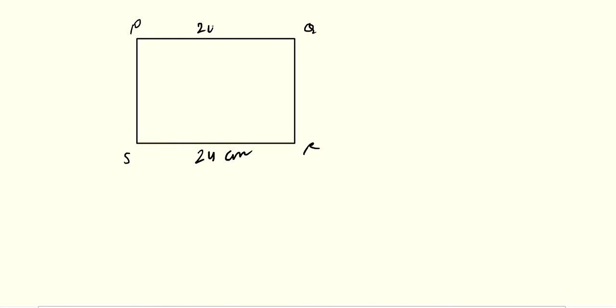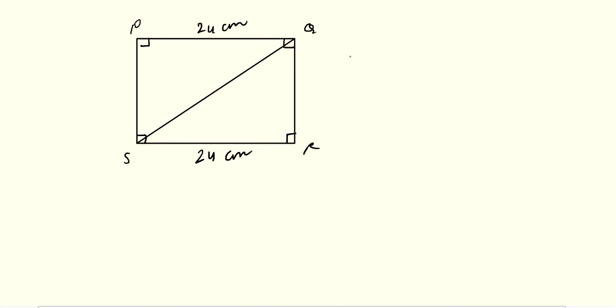That means this opposite side is also 24. Now the diagonal is given as 25. So we join S to Q. So SQ will be your diagonal. In a rectangle, all the angles are equal, which is 90 degrees.